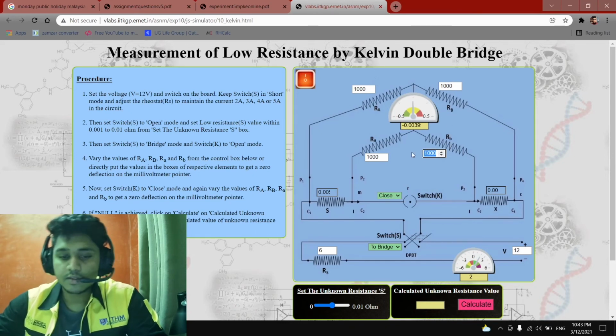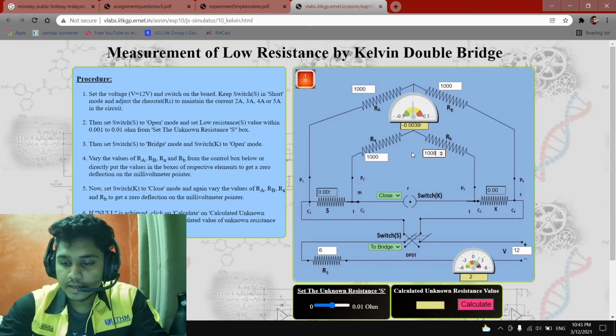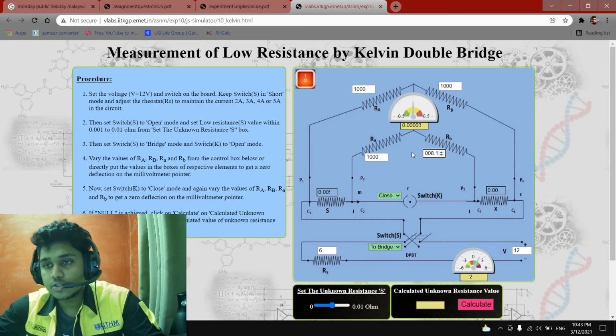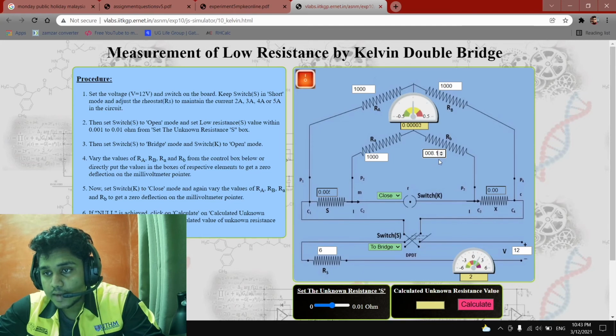This has already been simulated, and the value that gives us close to 0.00 is a 1008.1 ohm resistor. As you can see, when I increase or decrease it, there's a negative here.